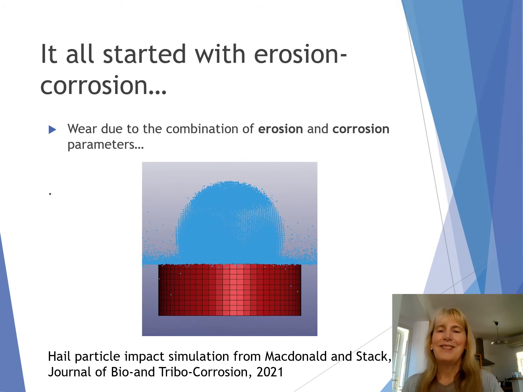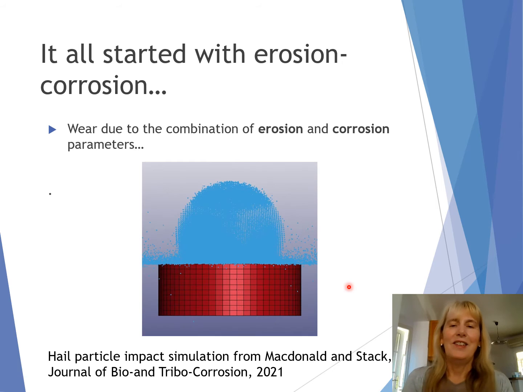Okay, so my work in the area started with erosion corrosion, many moons ago now, but this is some work we published very recently, a simulation of hail impact erosion. And if you think about the energy that a particle impacting a surface has, the particle impact results in some energy transfer to the target.